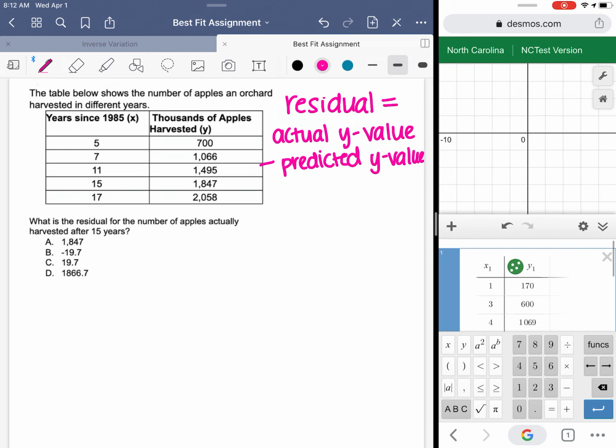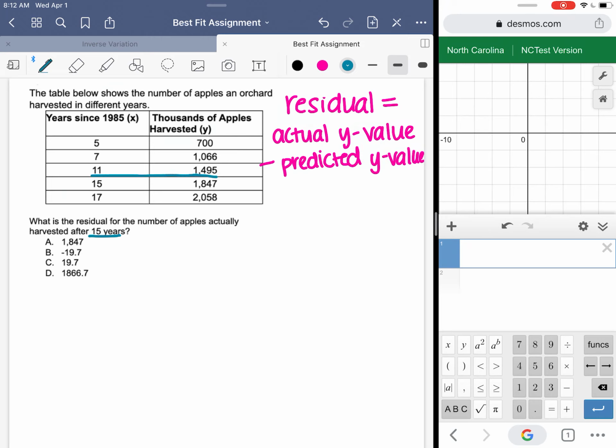So if we have a table already created and you want to know the residual for a value that's in that table, we want to know the residual after 15 years.